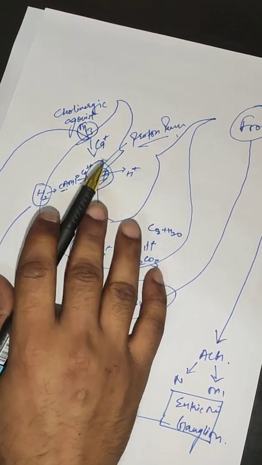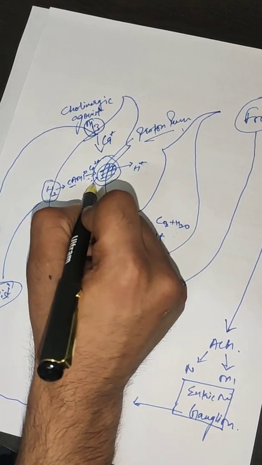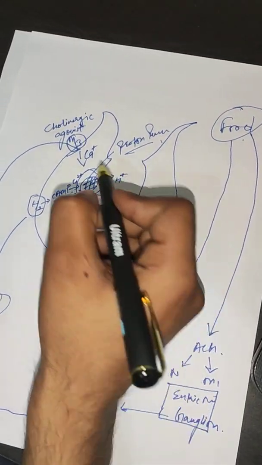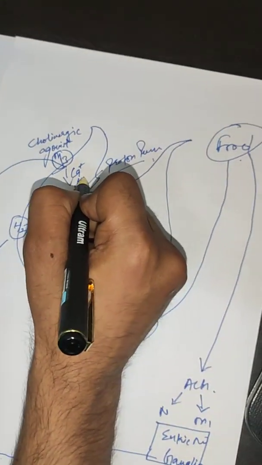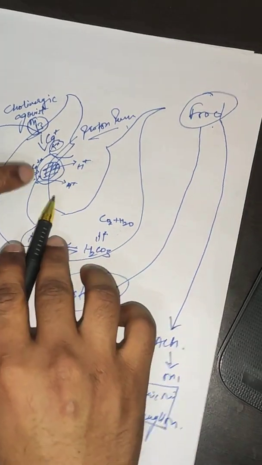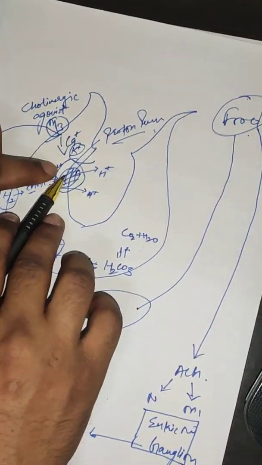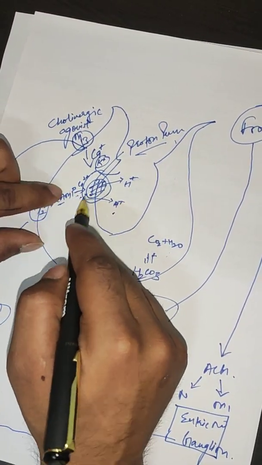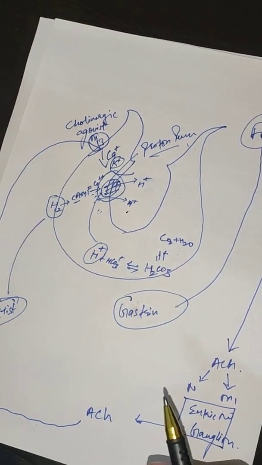The work of the proton pump is to move hydrogen ion out and potassium ions in the reverse direction. When potassium ion comes back, it allows hydrogen ion out, and whenever hydrogen ion is blocked, it does not allow potassium ion.